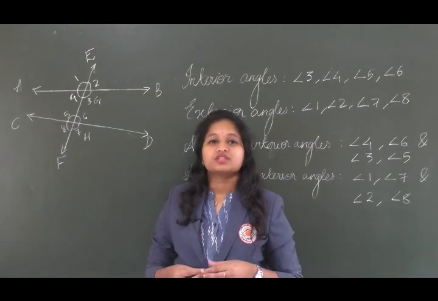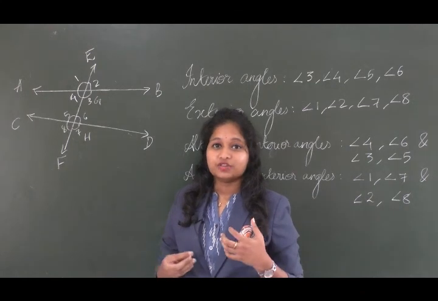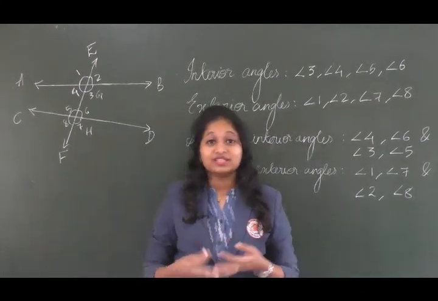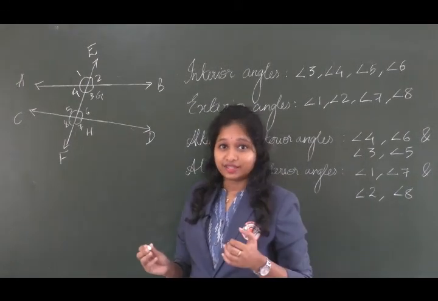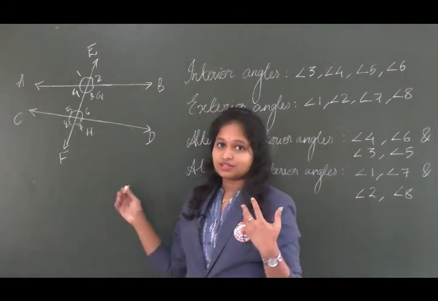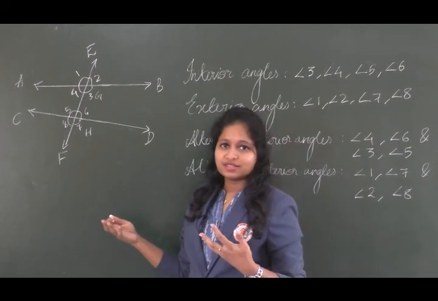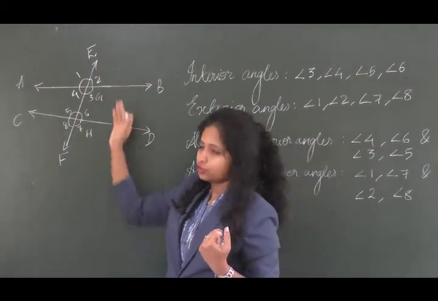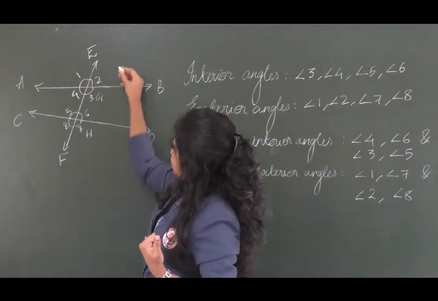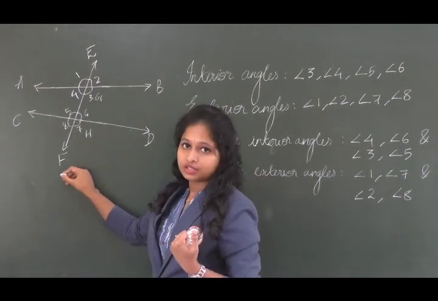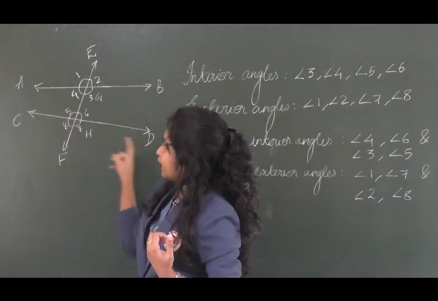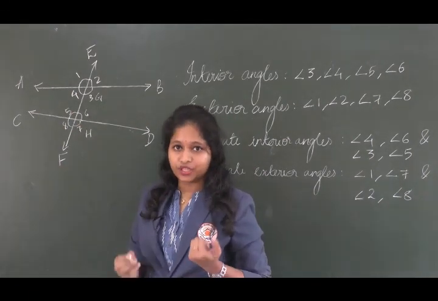So children, let's learn about transversal. What is a transversal? A transversal is a line which intersects 2 or more lines at different points. So if you observe here, EF is the transversal of AB and CD.